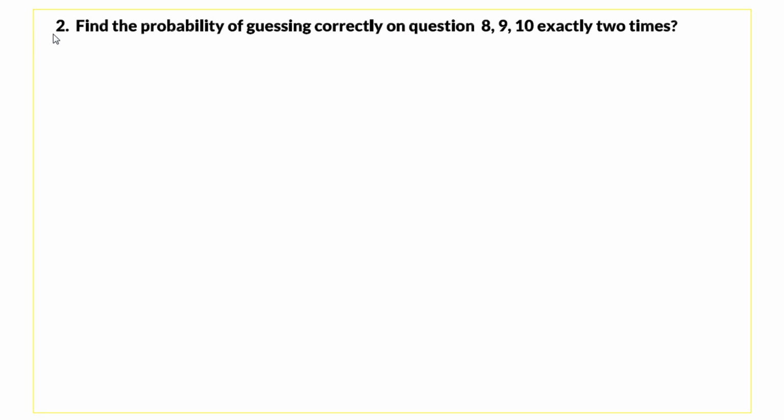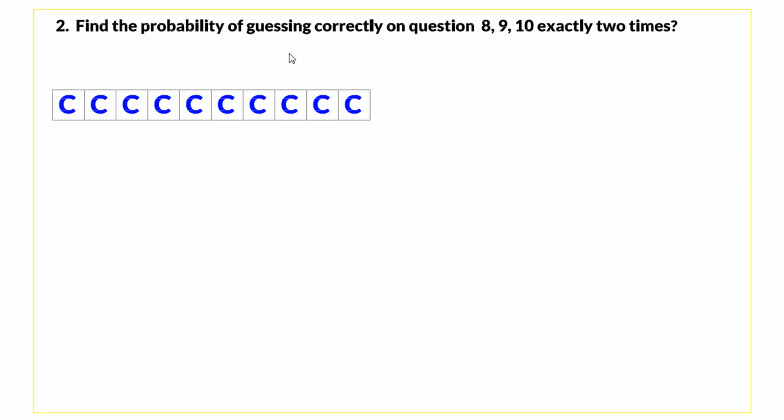Question number 2. Find the probability of guessing correctly on questions 8, 9 and 10 exactly 2 times. So we are going to answer questions 8, 9 and 10, but 2 of them should be correct. But before we answer this question, we have to see the ways of answering these questions.